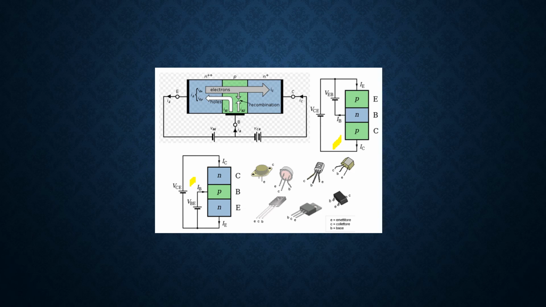And again, we have shown here that some electrons are lost due to recombination, which are resupplied by the base contact. And similarly, some holes move back from the base to the emitter.